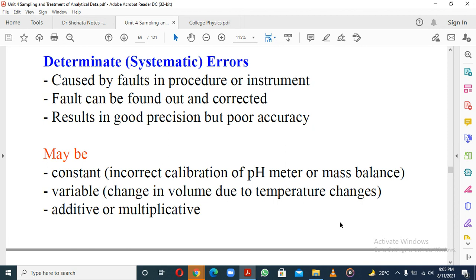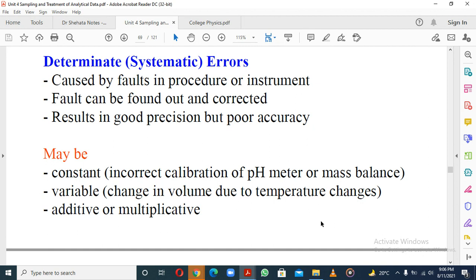What that simply means is, no matter how well you do your experiment, your accuracy is going to be poor, but your precision may be good. Why is this going to happen? It's because the problem is with the procedure or the instrument you are using.